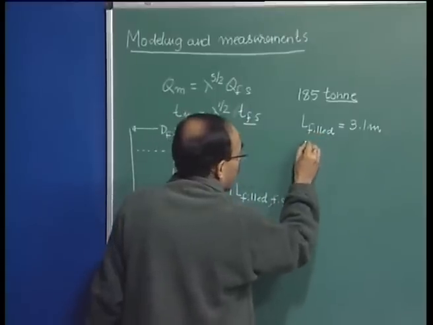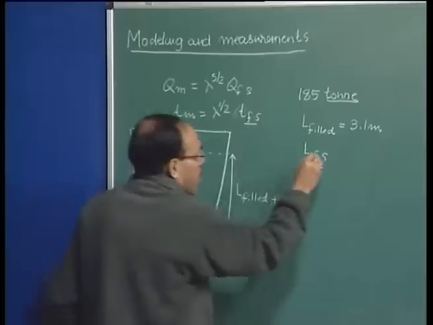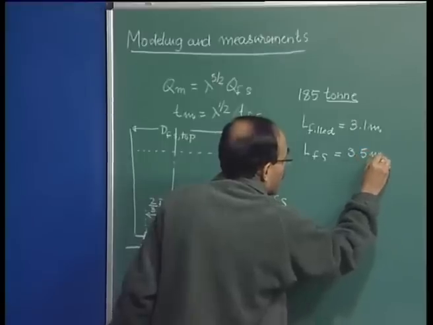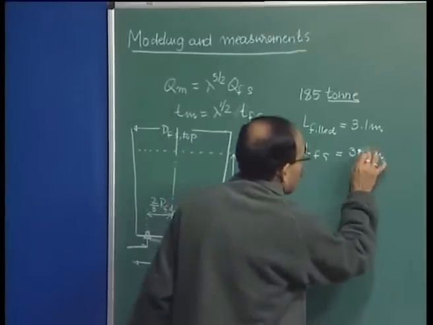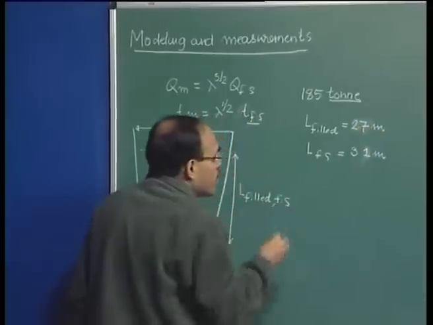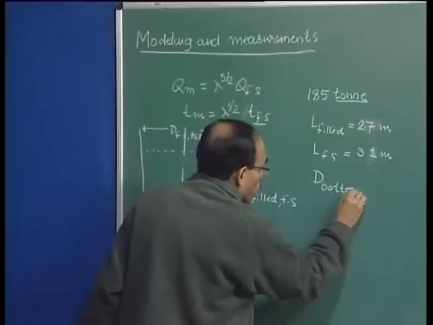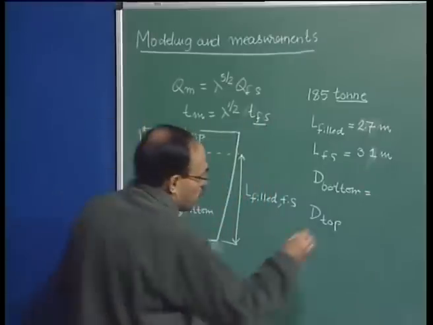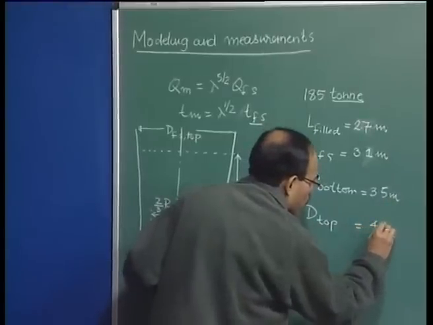Then we have L full scale, which is the total height of the ladle, and suppose this is about 3.5 meter. Then let us say this is 3.1, that is better, and I think we will put it as 2.7. Okay. And then we have D bottom and we have D top, and D bottom let us put a value of 3.5 meters, and D top let us put a value of 4 meters.